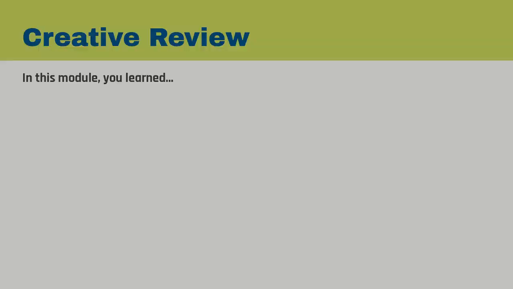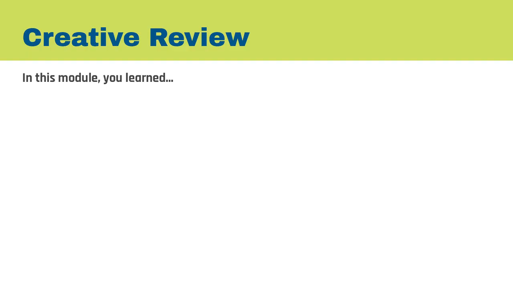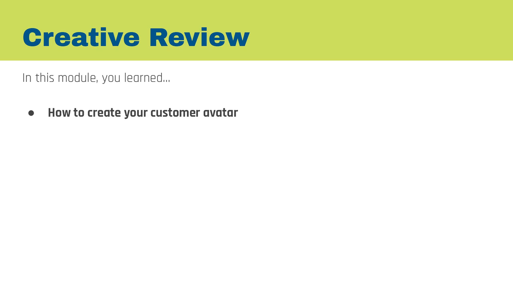So let's review what we've learned so far in our creative review. In this module, you learned how to create the customer avatar, why it's so important to do that at the very beginning of creating your ad campaign, and why it's needed for everything from creating your video ads to writing your copy and crafting the perfect messaging.